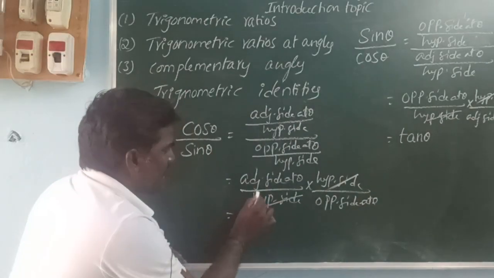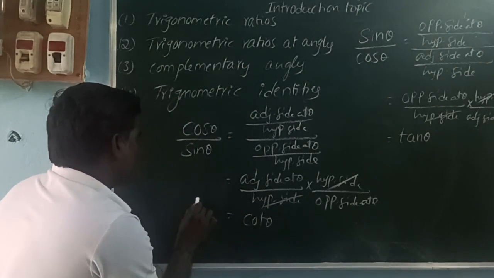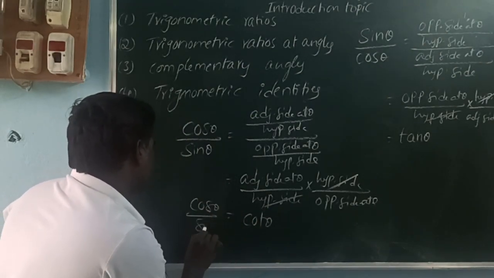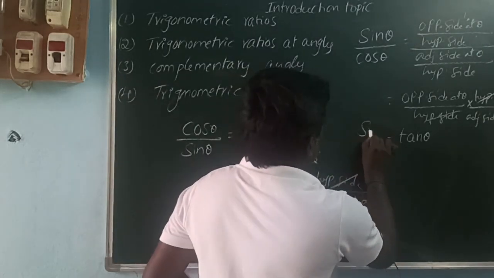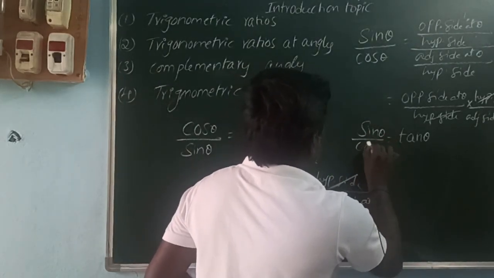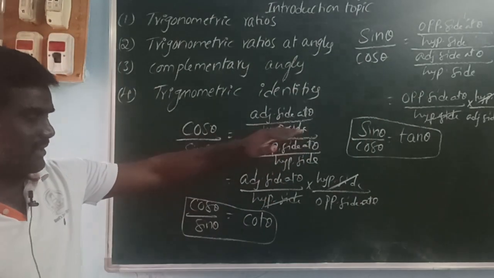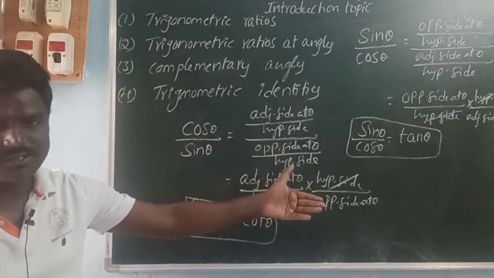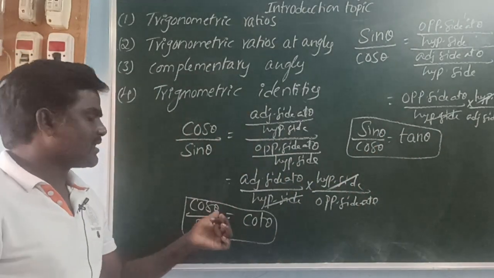Hypotenuse cancels. Adjacent side by opposite side. What is the ratio? Cot theta. So cos theta by sin theta is equal to cot theta. So sin theta by cos theta is equal to tan theta. So tan we can write as sin by cos, cot we can write as cos by sin.